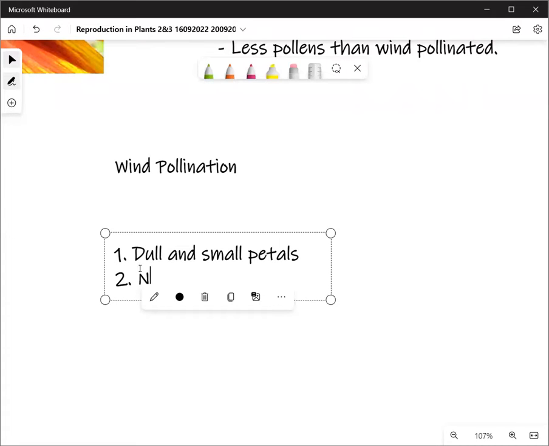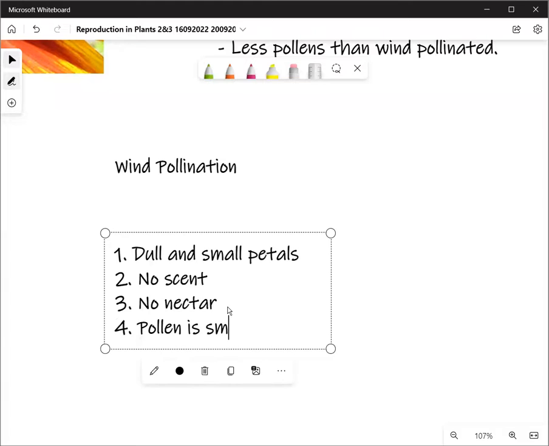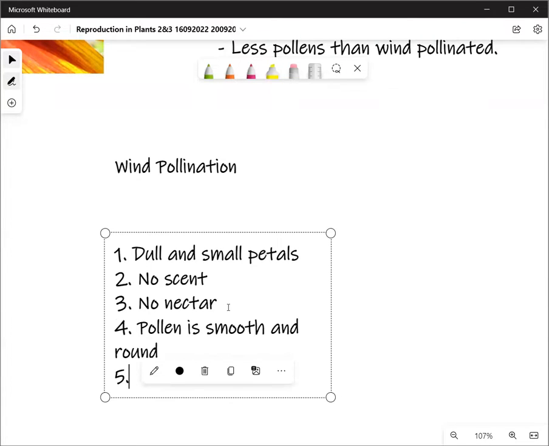Next thing is they have no scent. 3, no nectary. 4, pollen is smooth and round. Finally, produce large amounts of pollen.